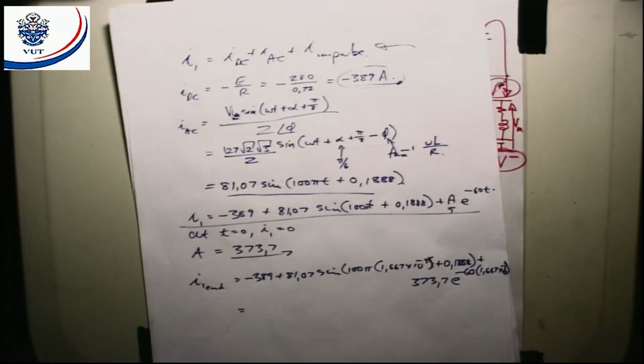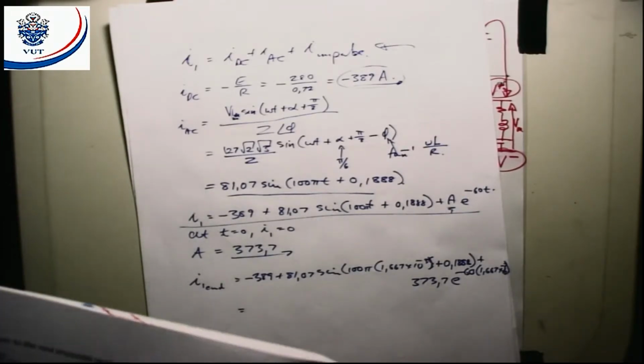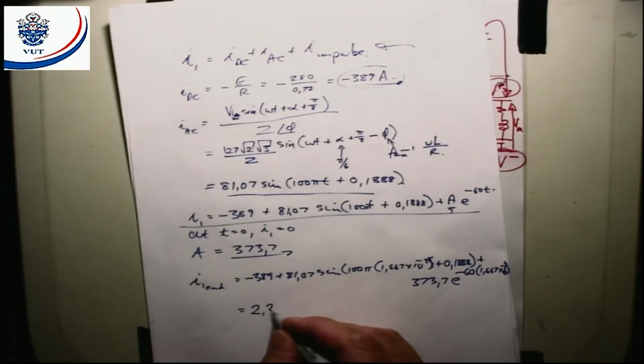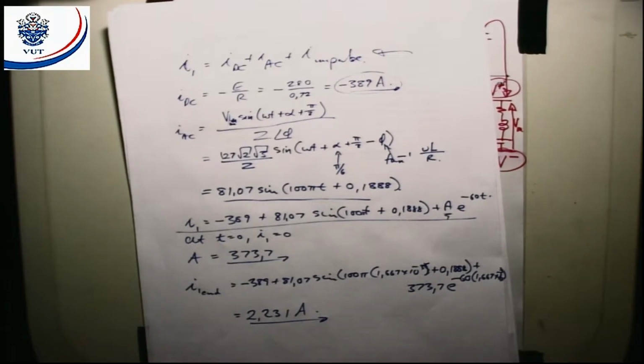And we get a value of 2.231 amps. So now we have the end value of I1. The end value of I1 is also the start value of I2. But we first have to get an equation for I2.